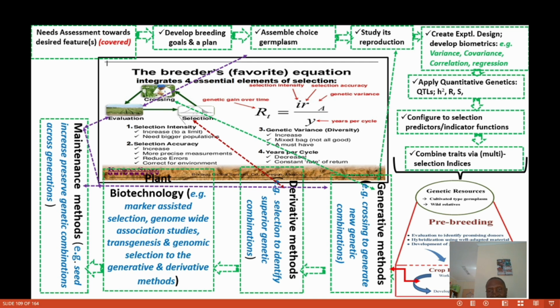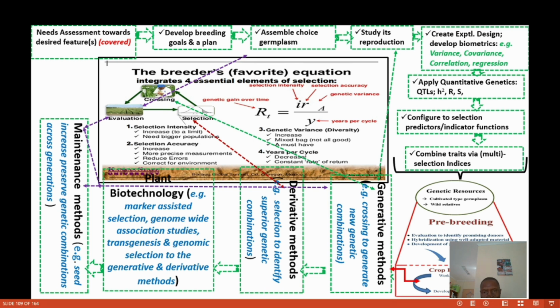Then we have the DER, DA. That is where you have the derivative methods, which involve, for example, selection to identify superior genetic combinations. And remember, in here, the very big aspect that is overarching is the breeder's equation, integrating the four essential elements of selection, which we have gone through in terms of the genetic gain that the breeder must take into account every time the breeder goes from one generation cycle to another one.